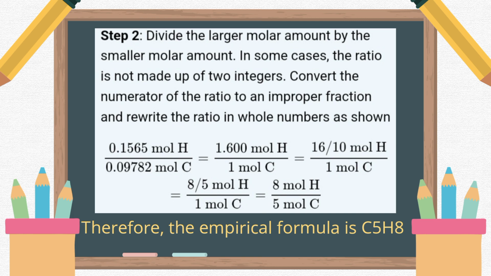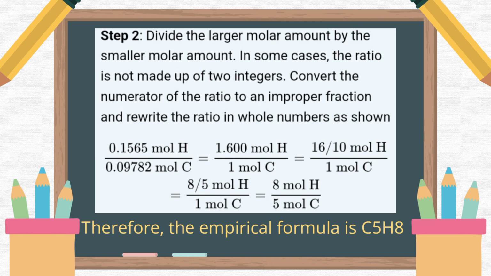Since the ratio is not made up of two integers man, need na to siya i-convert. Ato siya i-convert to an improper fraction, because the answer should be kanang a whole number man.